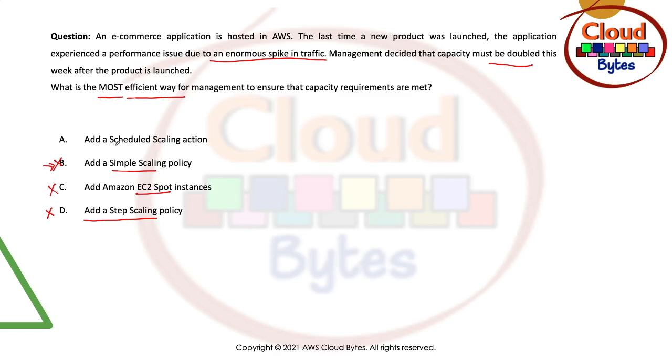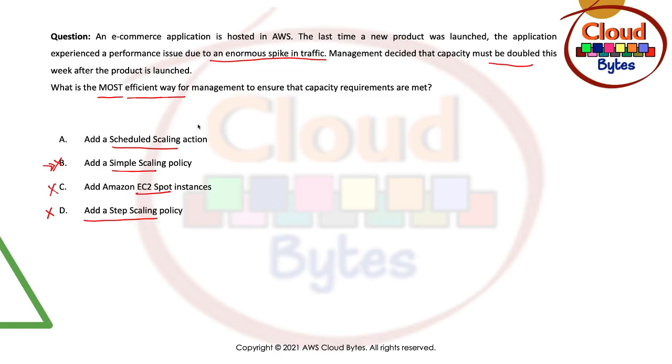Let's look at the last option here, scheduled scaling. Scaling based on a schedule allows you to set your own scaling schedule for predictable load changes. In this case, we know that there was a spike when the application was launched on a previous occasion, and the management wants you to double the capacity in the most efficient way so that it can handle that spike.